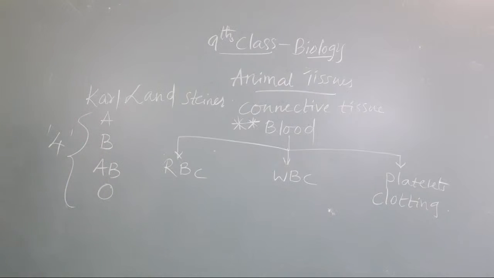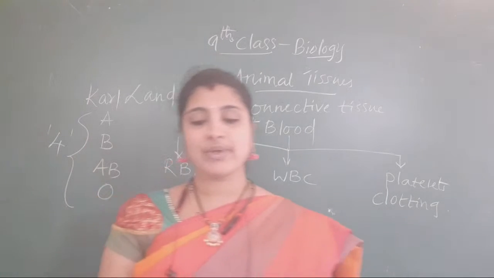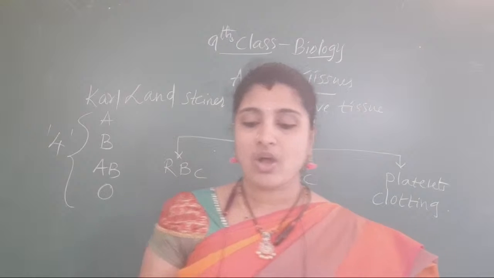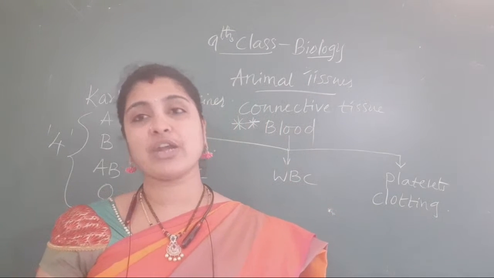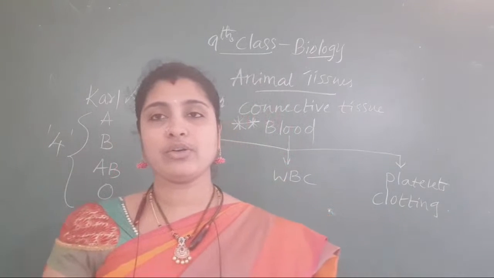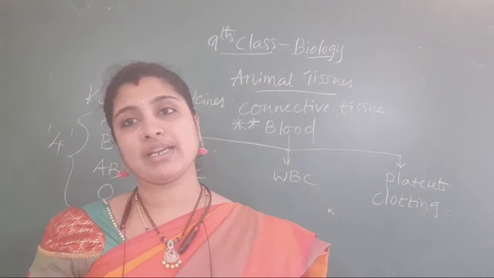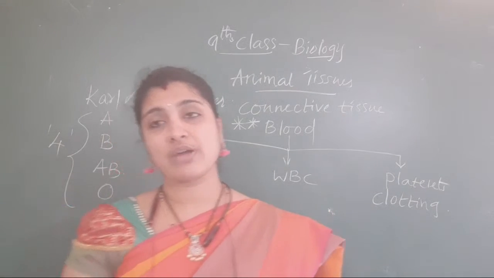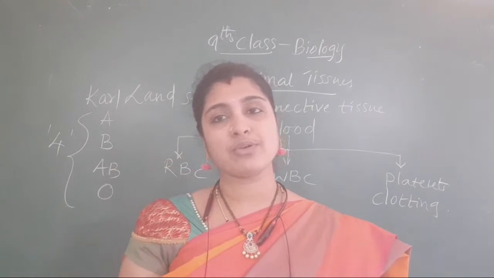Now kit components and storage. All the reagents should be stored at 2 to 8 degrees Celsius when not in use. If you have bought this kit, it should be stored at 2 to 8 degrees Celsius, meaning you have to keep it in the refrigerator.